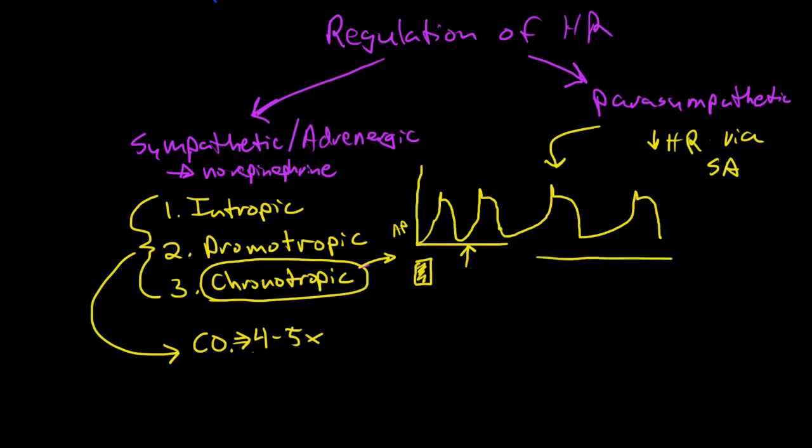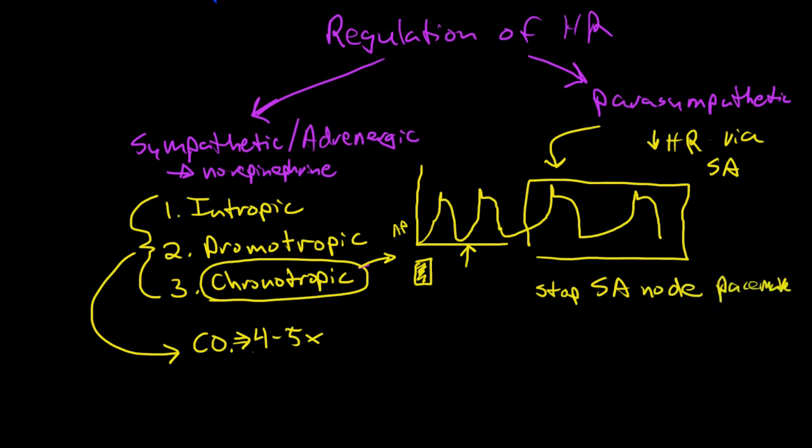It can completely block SA node function for up to 20 seconds. Actually, it just stops SA node pacemaker cells totally. But after about 20 seconds, other pacemaker cells will kick in. So you'll end up with a ventricular escape rhythm. So what you'll end up with in a patient that has a very strong parasympathetic outflow is an EKG that looks like this.